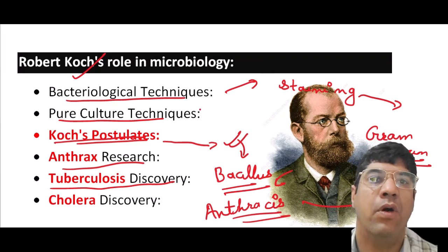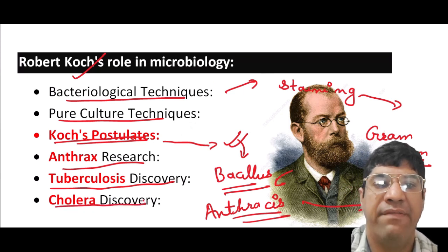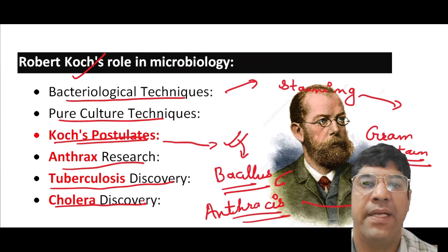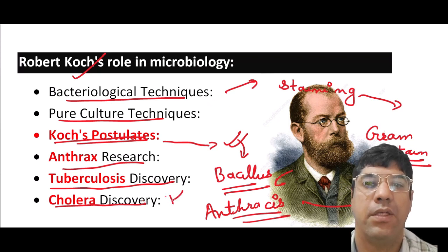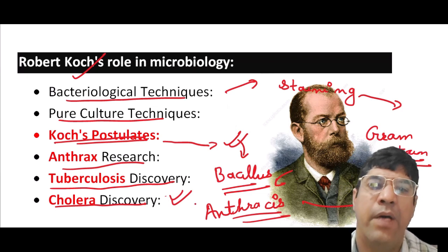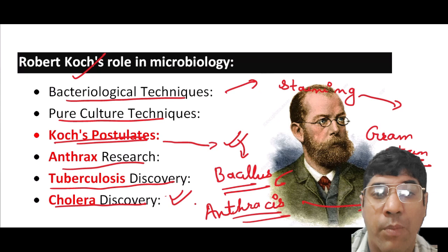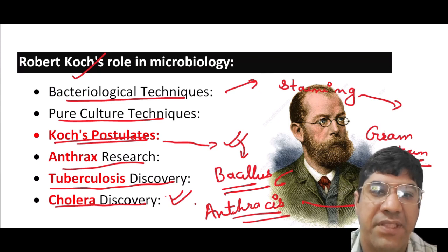He also identified Vibrio cholerae, the causative agent of cholera. So it was Robert Koch who laid down the foundation for modern microbiology and understanding of infectious diseases.